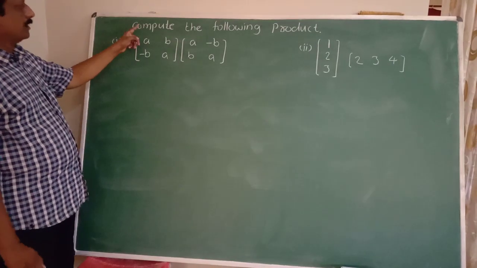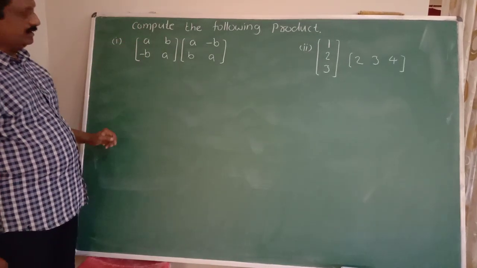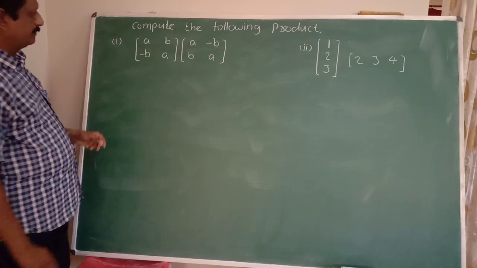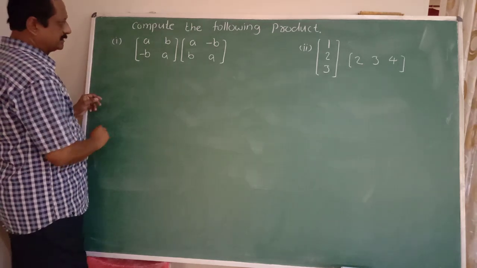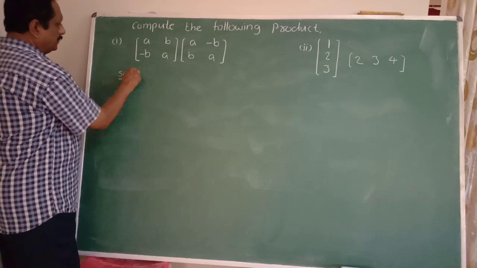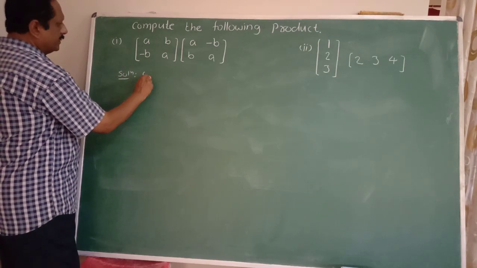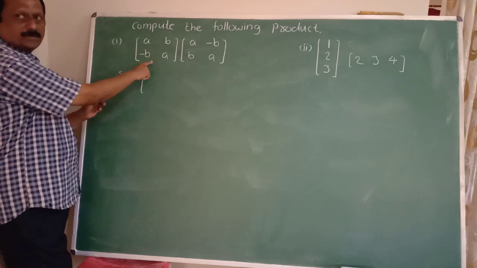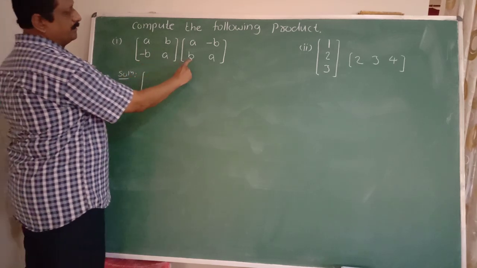Compute the following product here. Multiply the given matrices. You know that two matrices can be multiplied if the number of columns of the first matrix is equal to the number of rows of the second matrix.